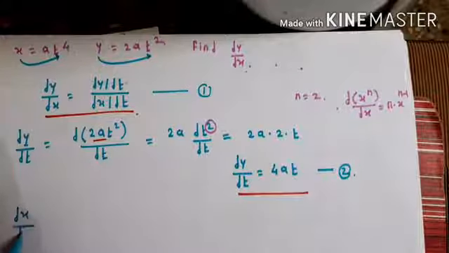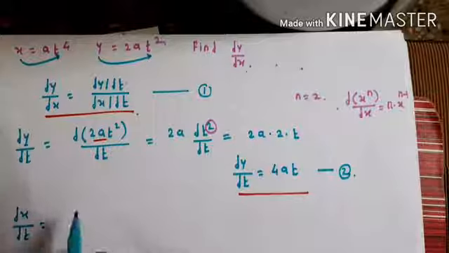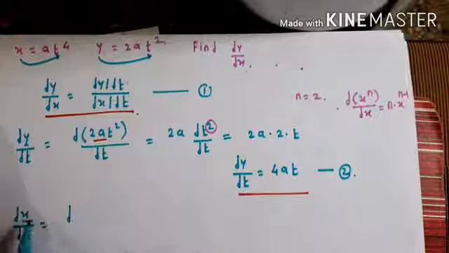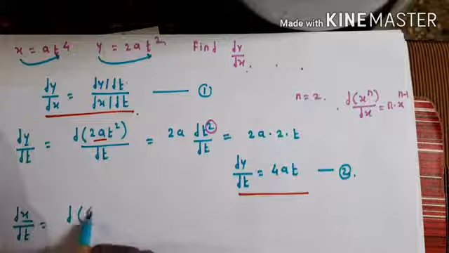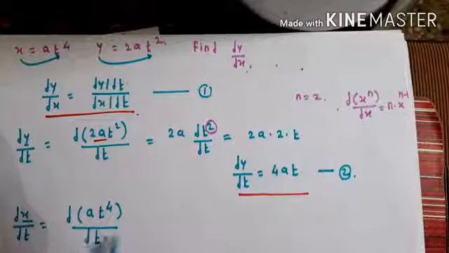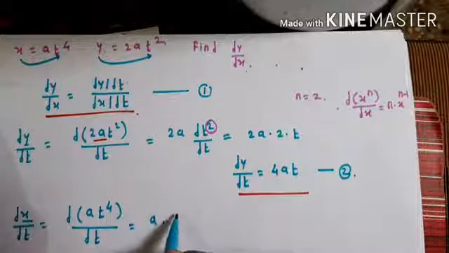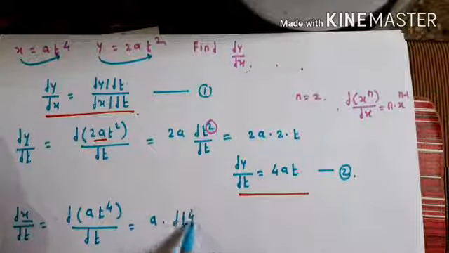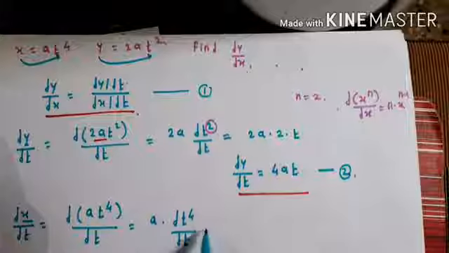Now dx by dt, that is differentiation of x. What is x? x equals at raised to 4 with respect to t. a is constant. Differentiate t raised to 4 with respect to t.